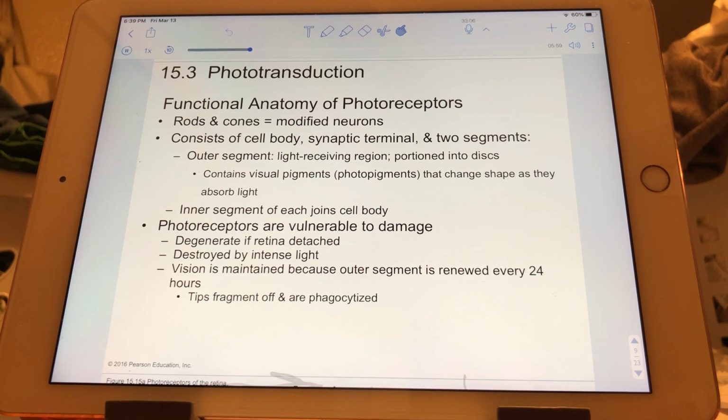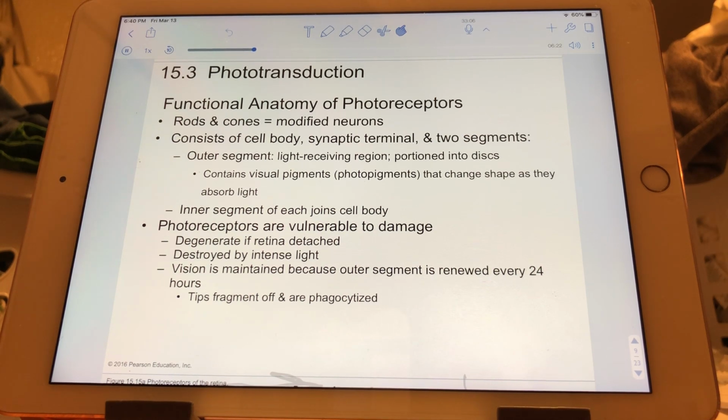Photoreceptors, again, are neurons. Any kind of receptor is a neuron that are sensitive to changes in light. There are 2 types of photoreceptors in the retina, the rods and cones, okay? And each photoreceptor consists of some predictable parts and some not so predictable parts.